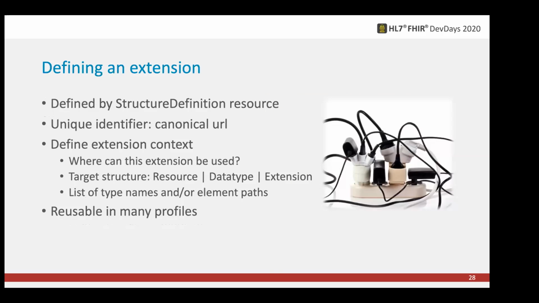So again, if you are going to create your own extension, you will take a look at the structure definition resource. You will give it a canonical URL because that is what will be used on the extension. And you will detail where this extension can be put, because almost every part of every FHIR resource can be extended.